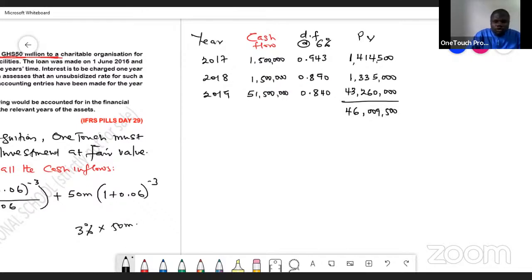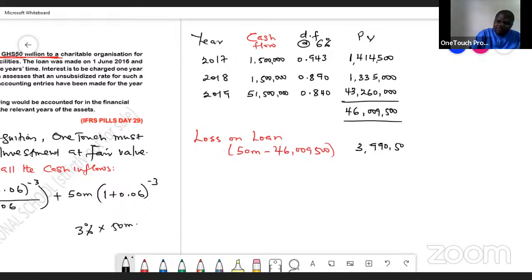Okay. So there's a fair value loss that we need to recognize, or loss on loan. That would be 50 million minus 46,009,500, which is 3,990,500.